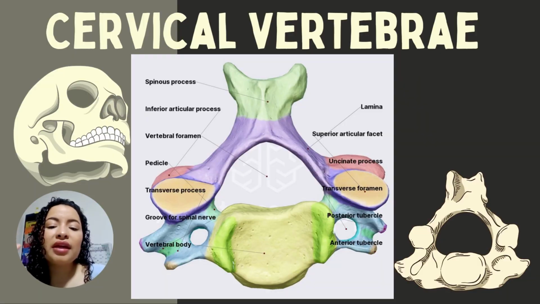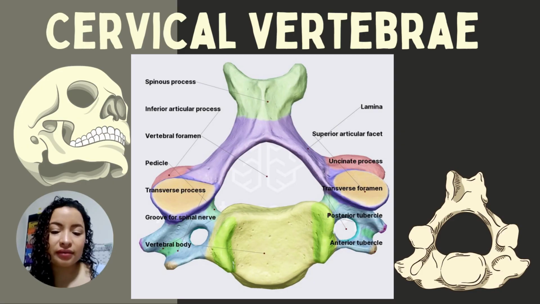However, they have the greatest range of motion of the entire vertebral column. In addition, the cervical vertebrae have distinctive features: the transverse foramen, anterior and posterior tubercles, and a bifurcated spinous process. This image illustrates the anatomy of the cervical spine.